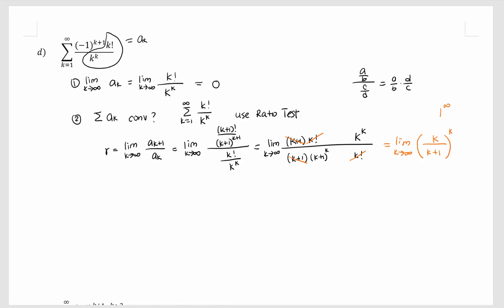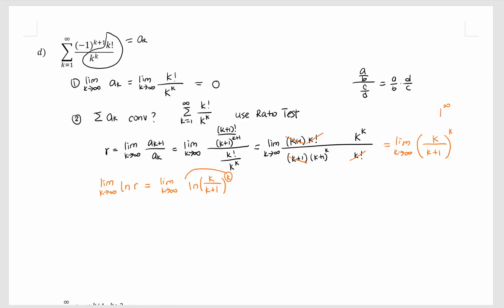For an indeterminate form, we're going to use L'Hopital's rule, and because you see k in the exponent, we need to compute the ln. So the limit as k goes to infinity of ln of R is ln of k over k plus 1, to the k.